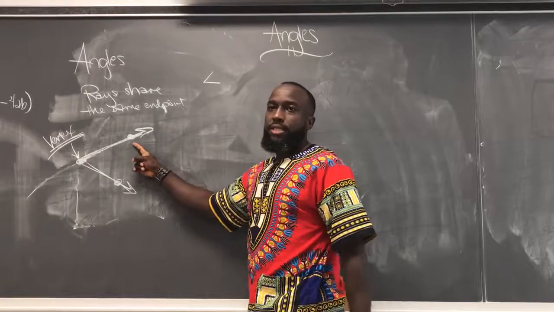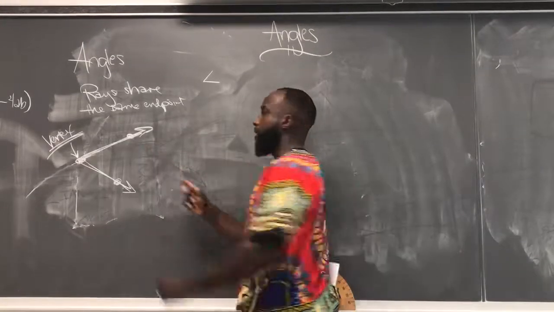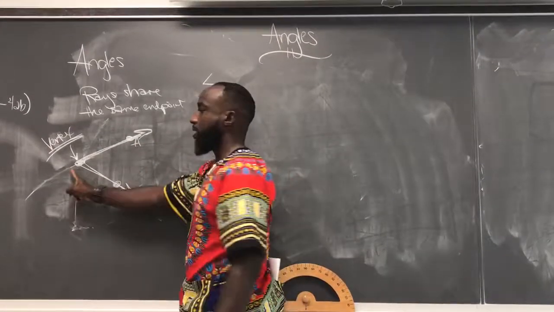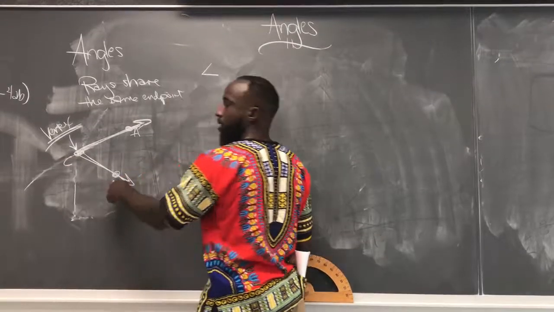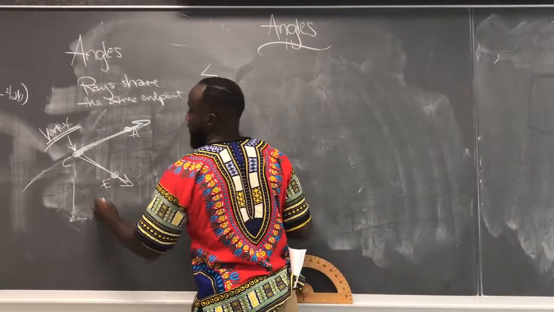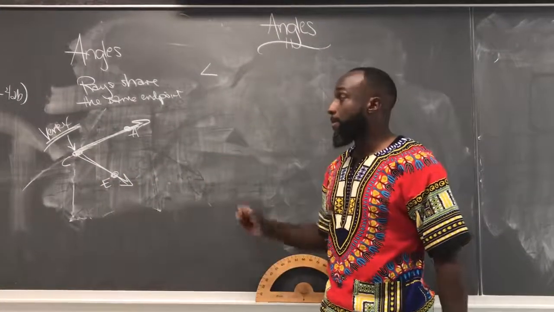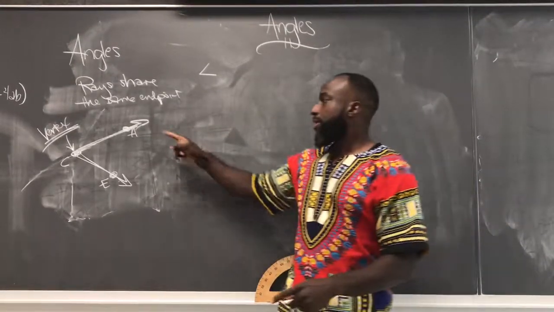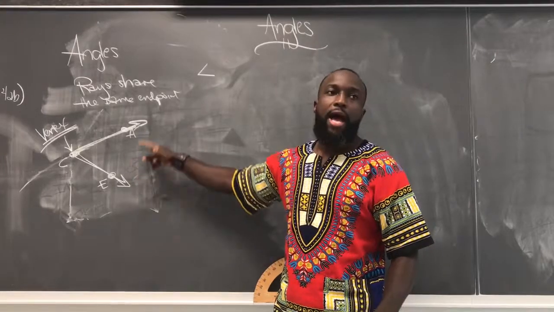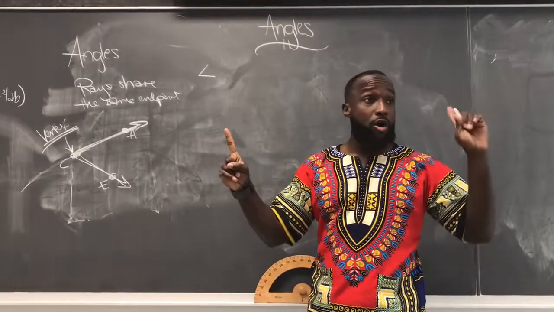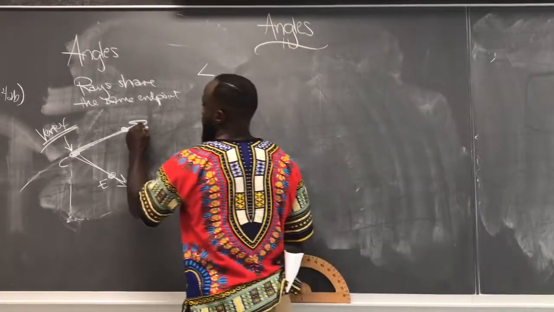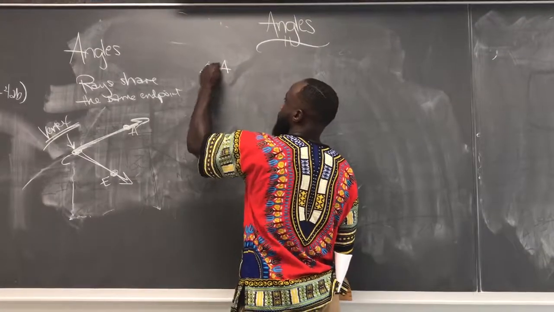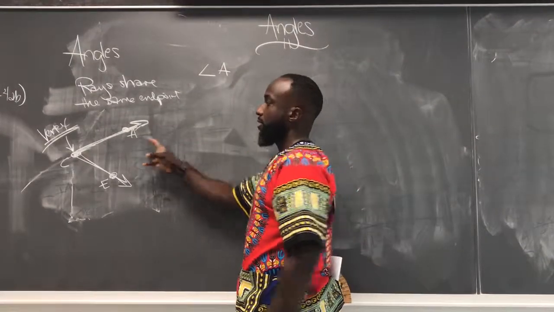Let me see. Give me a letter. A. Give me a vertex. C and E. All right, A, C, E. Right? So, to name an angle, the outside letters are always first or third. So, A will go first.